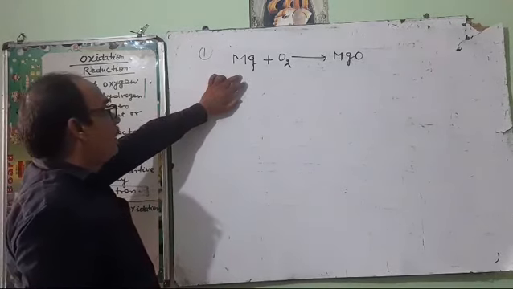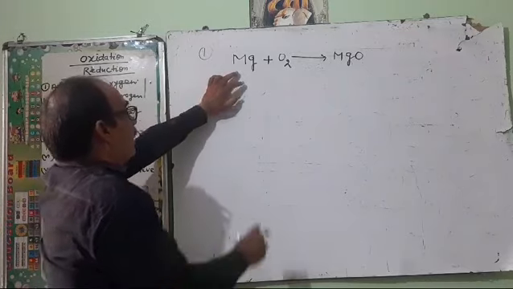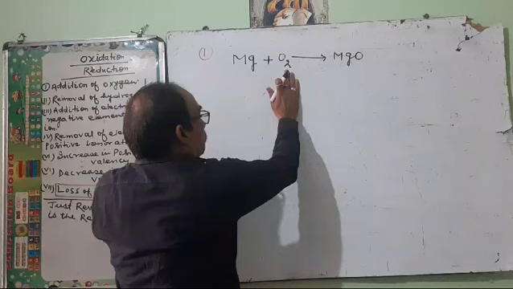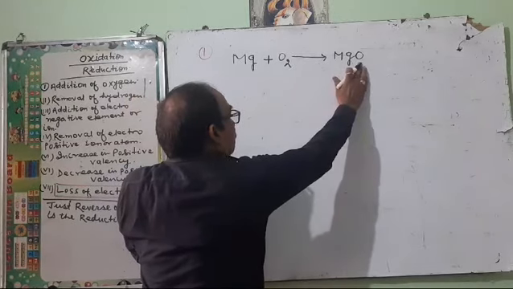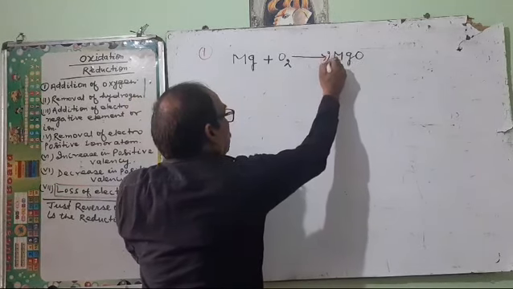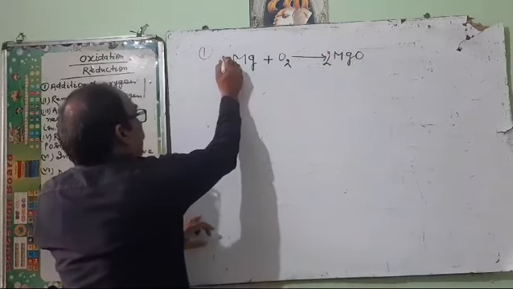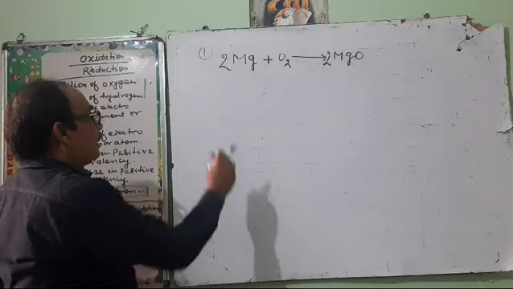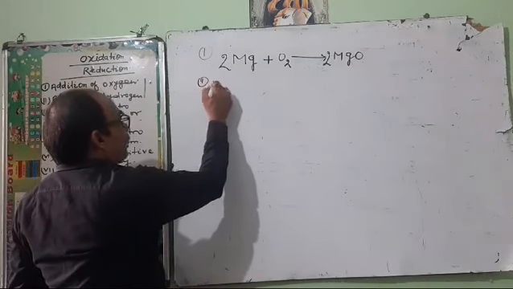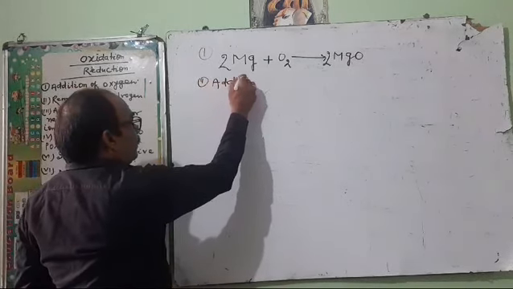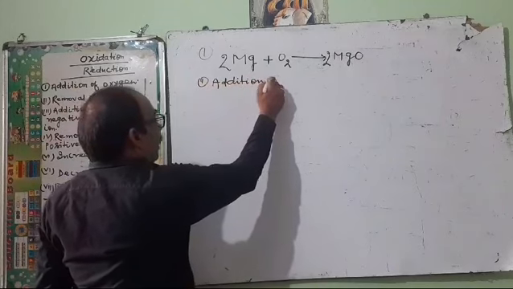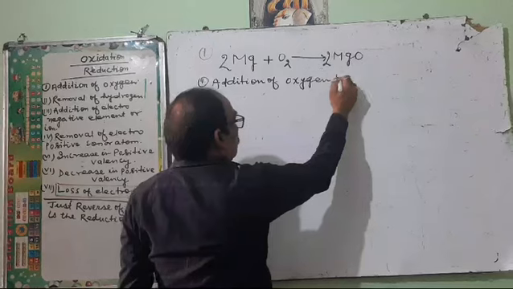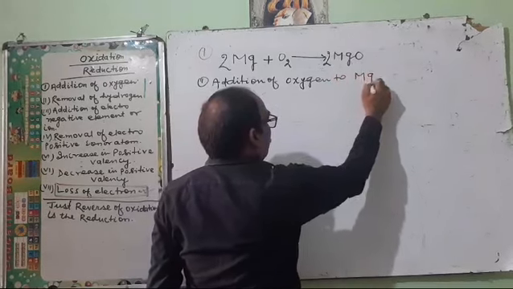Here, first of all, balancing. Here are 2 oxygen, and here is 1 oxygen, so write here 2, and again here 2. This one is the balanced equation. Here, what is happening? There is addition of oxygen to magnesium.